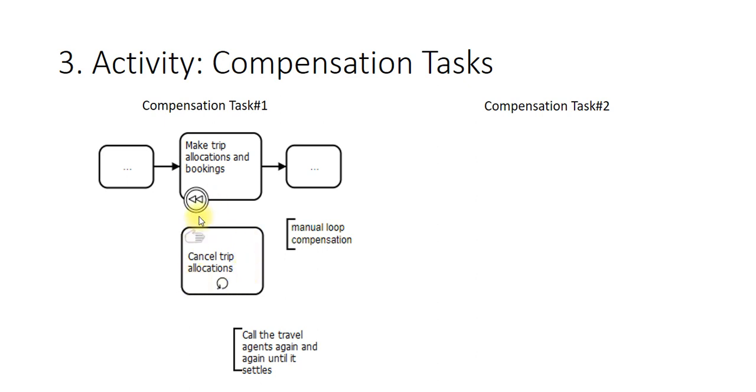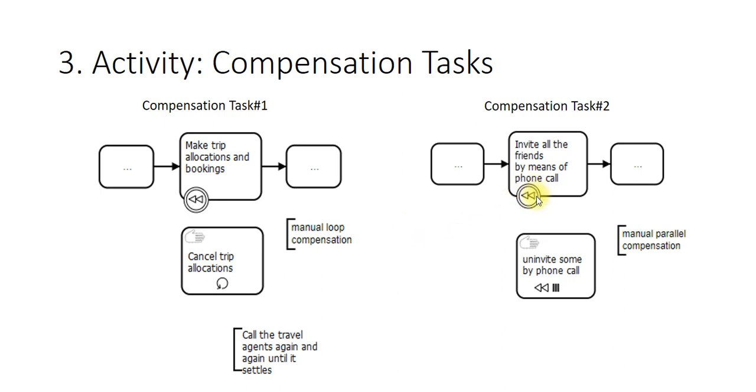So if the consensus is against going for a trip, the compensation task kicks in and cancels all trip allocations in a manual loop compensation by calling the travel agent again and again until it settles. So this is an example of a compensation task in manual loop compensation.